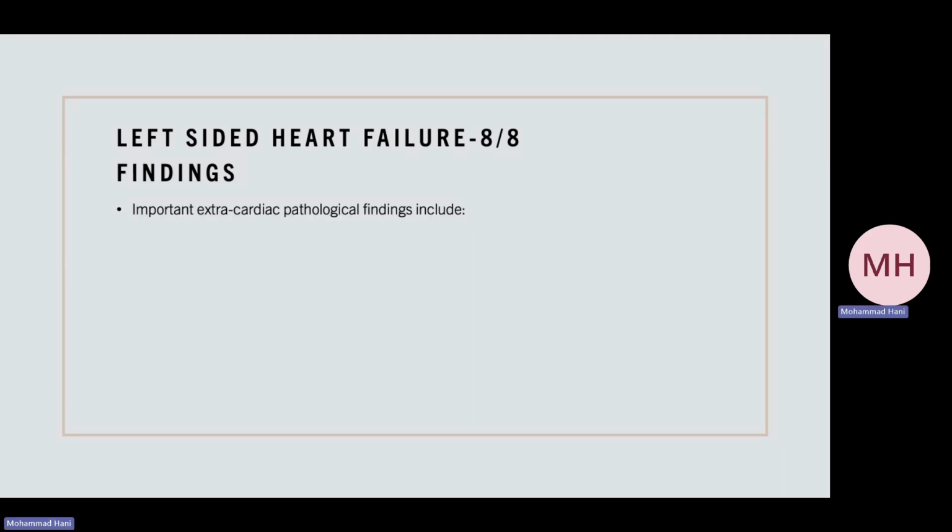And moving on to the morphological findings, microscopic and macroscopic findings. So, extracardiac pathological findings: in acute heart failure, you will see pulmonary congestion and pulmonary edema. In the chronic sense, you would see brown induration in lungs due to long-standing pulmonary edema.